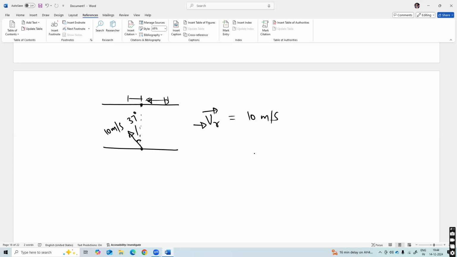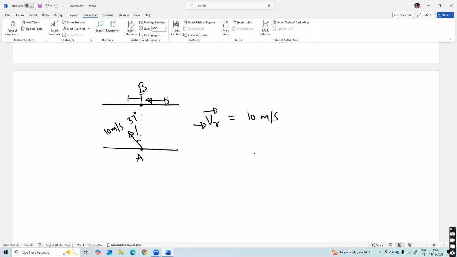Let's say his initial position is A. For this river, the position exactly opposite to the initial position, let's say, is B. So we have to find out his final position or distance from B. His velocity is given as 10 meter per second, making 37 degree with the vertical.